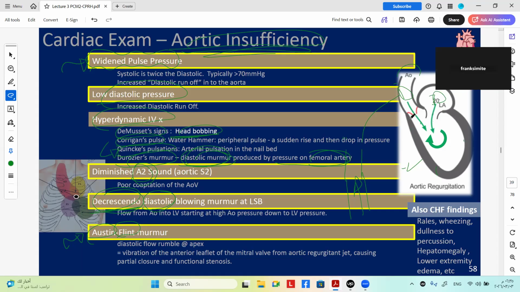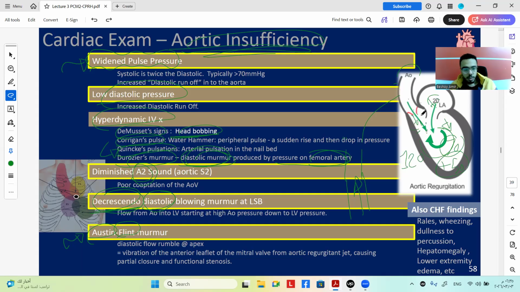So this one and this one occur at the same time. The aortic valve and mitral valve are very close to each other, and this backflow of blood from the aorta to the ventricle would be pushing this valve leaflet.